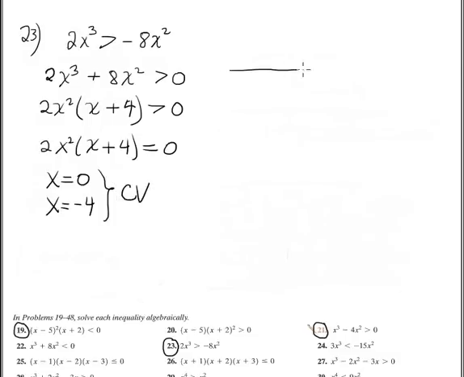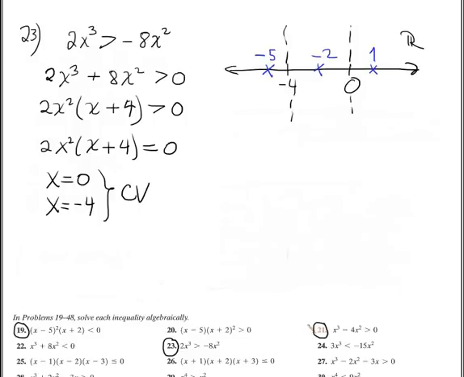Using the critical value, let's do the partition of the real numbers, 0 and -4. This is 0 and -4. I suppose -4 here. And you select a testing point. Testing point is maybe getting -5, arbitrary, completely arbitrary in each interval. Whatever, -2 and +1.